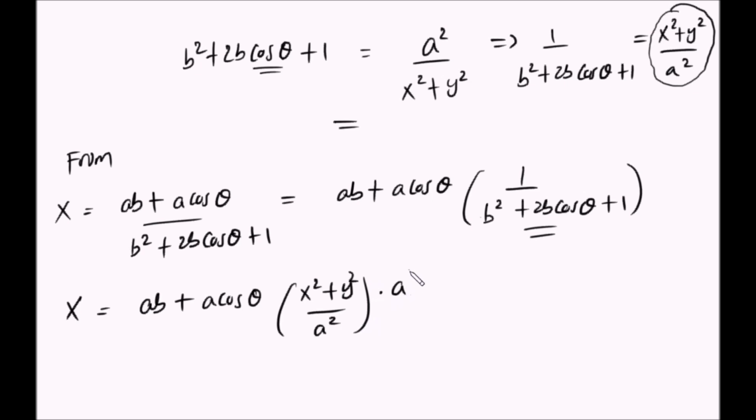So I'm going to times by a squared upande huu na upande huu, boom boom zitakufa. So if I write it on the other page, nitabaki na nini? Nitabaki na a squared x sasa na ab jumlisha a cos theta times what? Times x squared plus y squared.